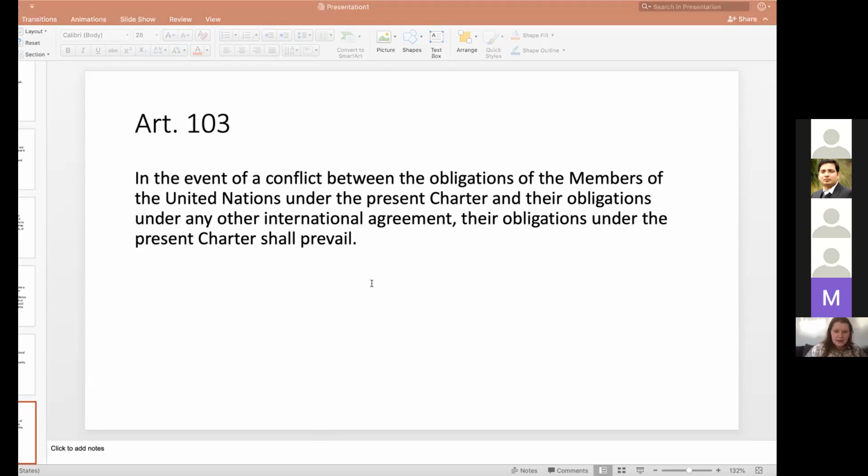So I think that's it about the UN Charter. We will now go quickly through the International Court of Justice Statute.